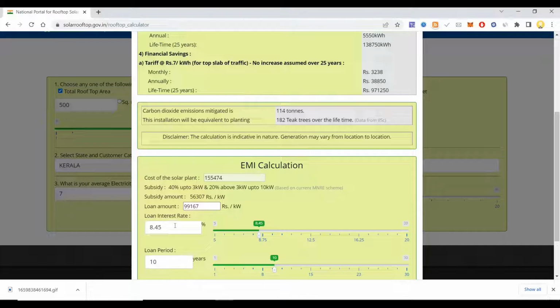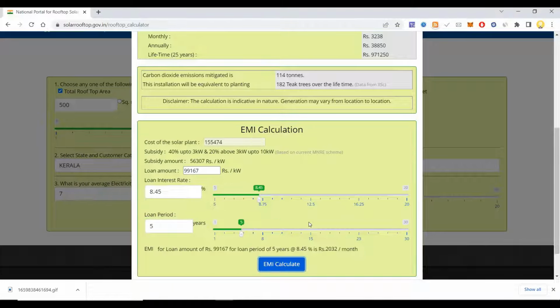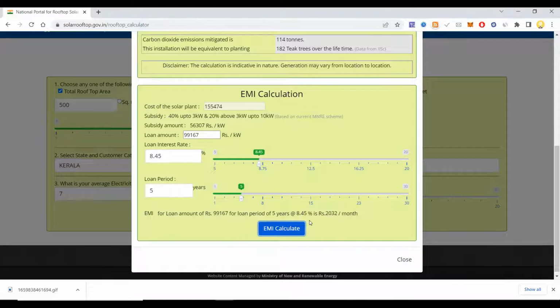The rate of interest is around 8.45%, and the loan period you have put in is, let's say, 5 years. So for a loan amount of 99,167 for a loan period of around 5 years at 8.45%, the EMI comes around 2,032 rupees per month.